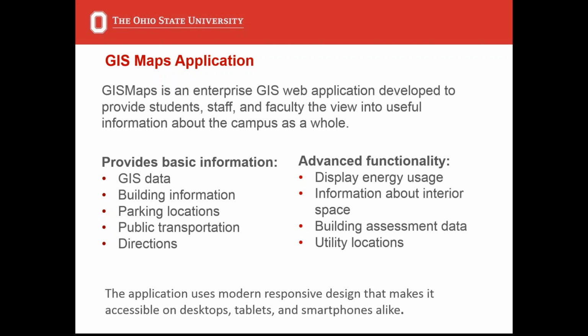So it provides the basic GIS data, or base mapping information, building information, parking locations, the standard stuff students and faculty might want, but also more detailed information that the staff wants to see, like energy usages for buildings, information about the interior spaces, our building assessment data, utility locations. And it's nice that it works on desktops, tablets, and smartphones.